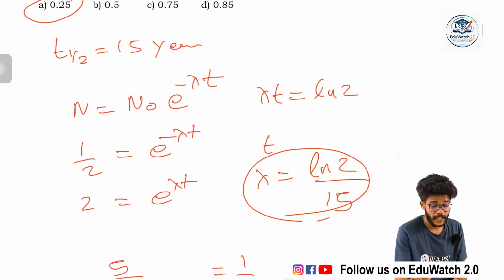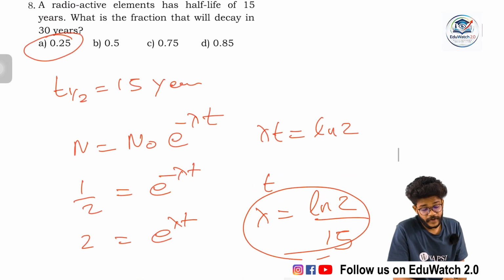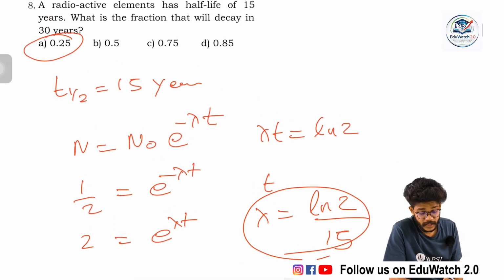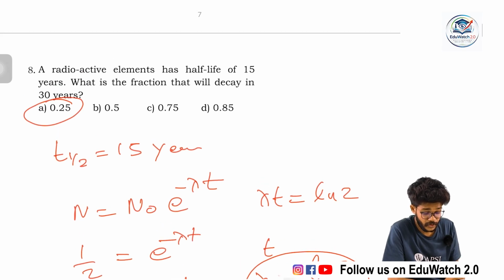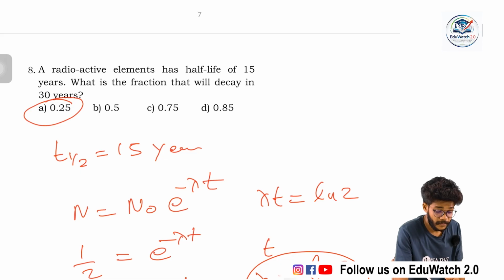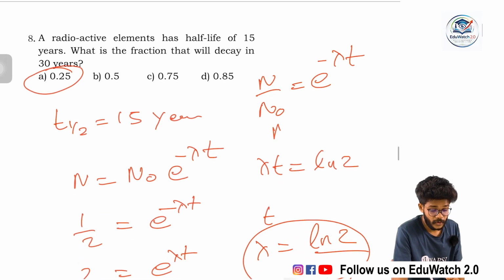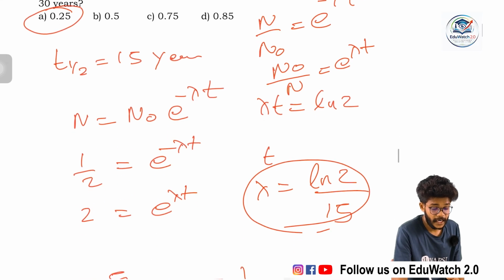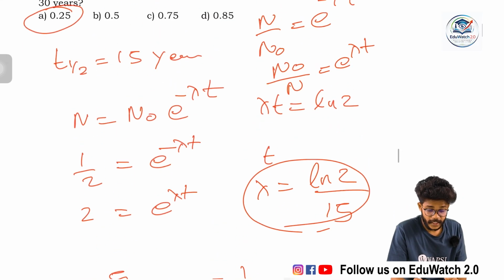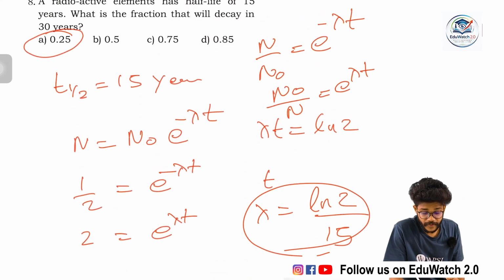Now we want to find N. N by N0 is equal to e raised to minus lambda t, and N0 by N is equal to e raised to lambda t, where lambda is ln2 by 15.